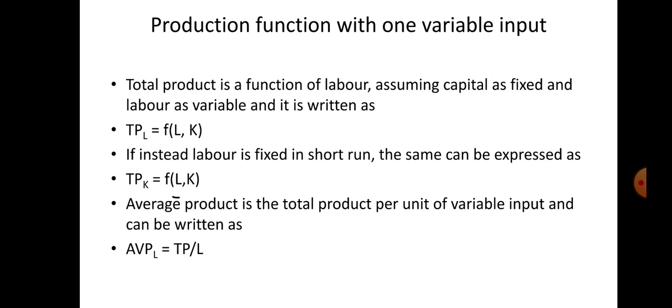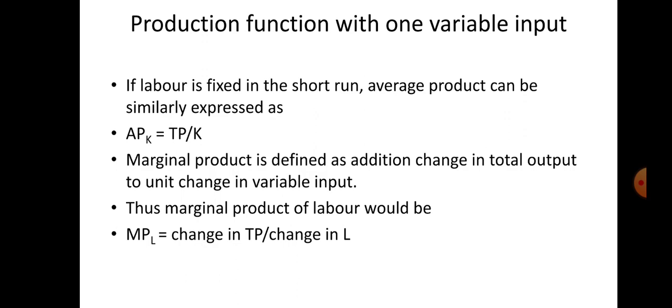So we can write total production, TPL, with respect to L, labor, equals f(L, K), and average product with respect to labor is equal to total product divided by the number of units of labor consumed.